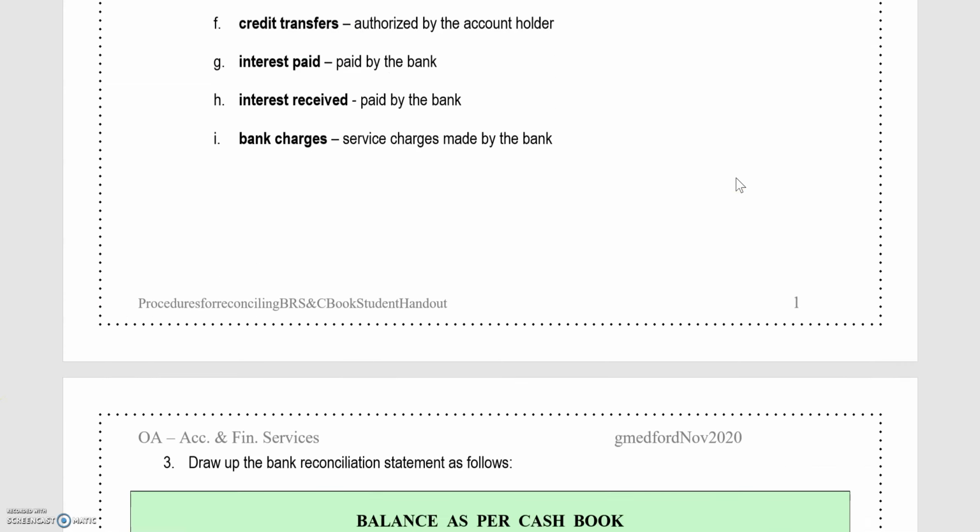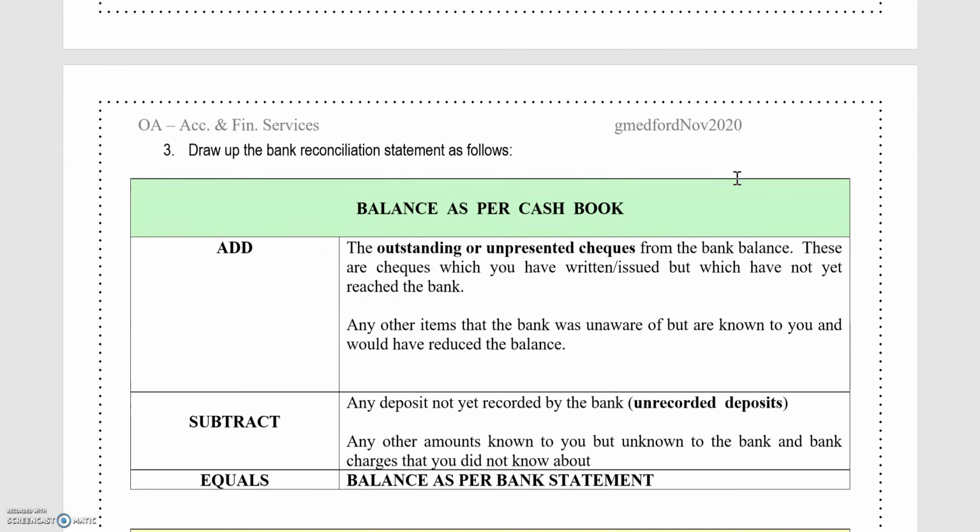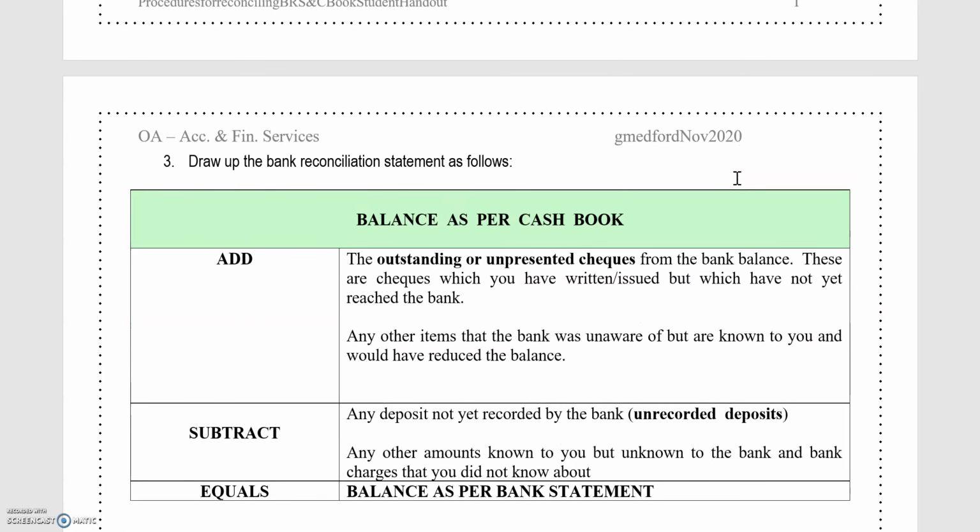In so doing, we look at our formula so that we can make a determination on what the formula is for preparing the bank reconciliation statement. So we take the balance as per cash book, add all the outstanding or unpresented checks, subtract the unrecorded deposits, and then we will arrive at our balance as per bank statement.